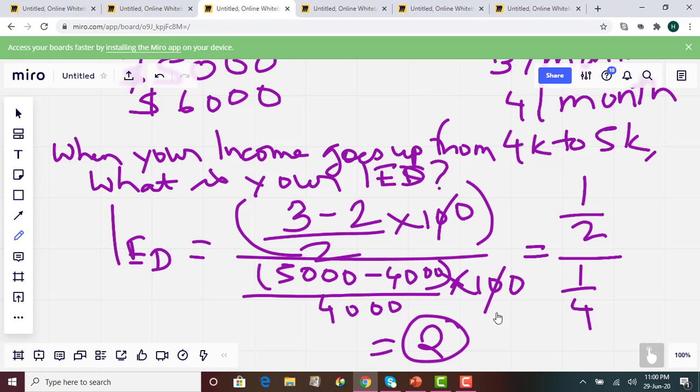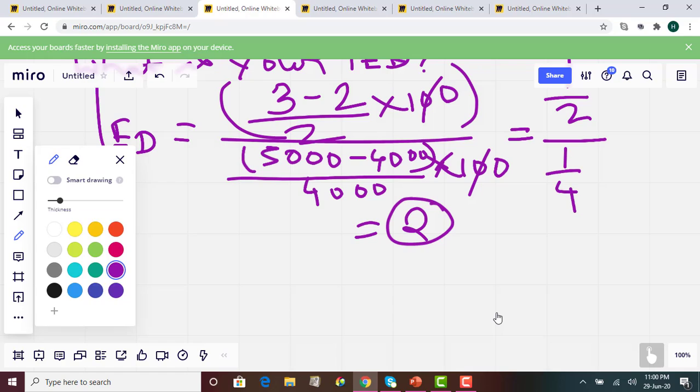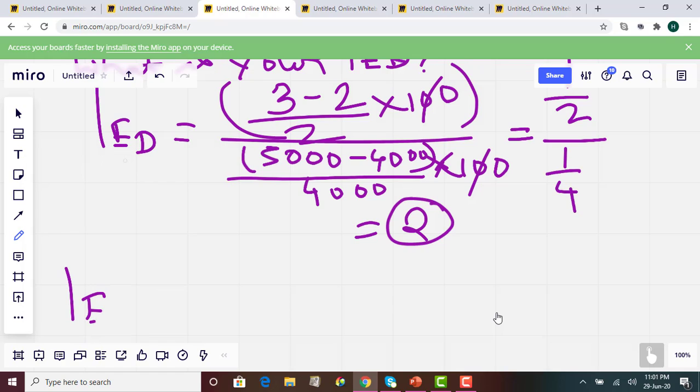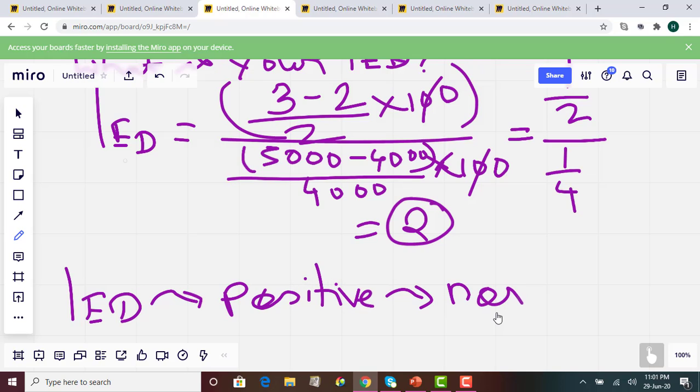Okay, so if the income elasticity of demand is positive, then that is a normal good. So in this case, watching movies, what type of good is that? That is a normal good.